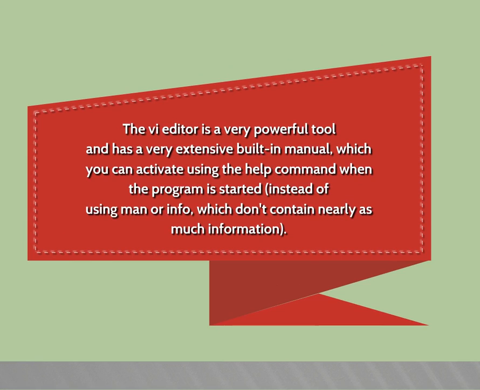The VI editor is a very powerful tool and has a very extensive built-in manual, which you can activate using the help command when the program is started, instead of using man or info, which don't contain nearly as much information.